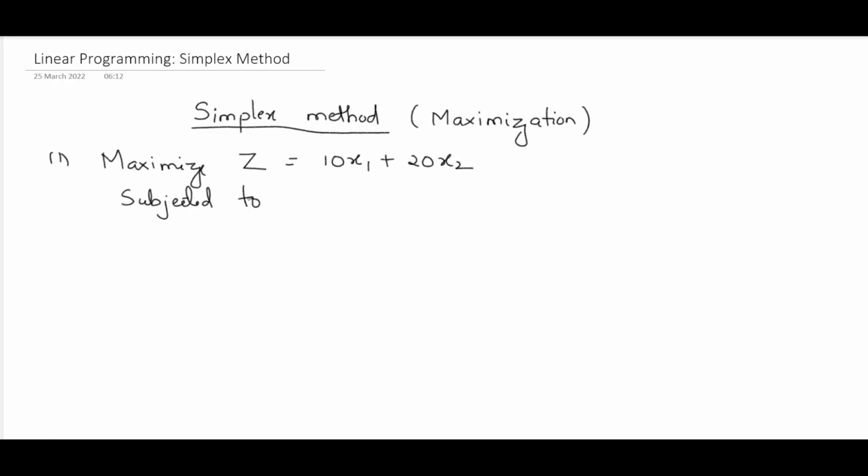Subjected to constraints: 3x1 plus 2x2 less than equal to 1200.